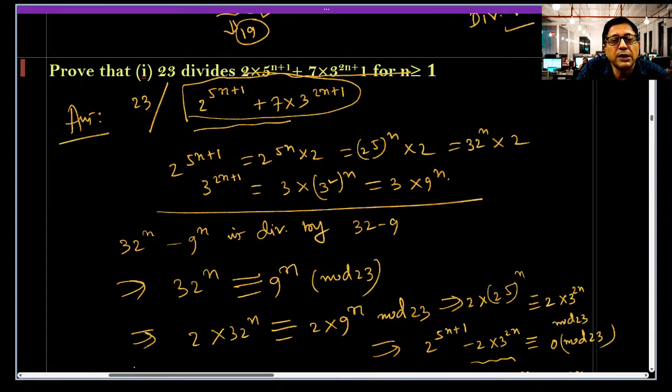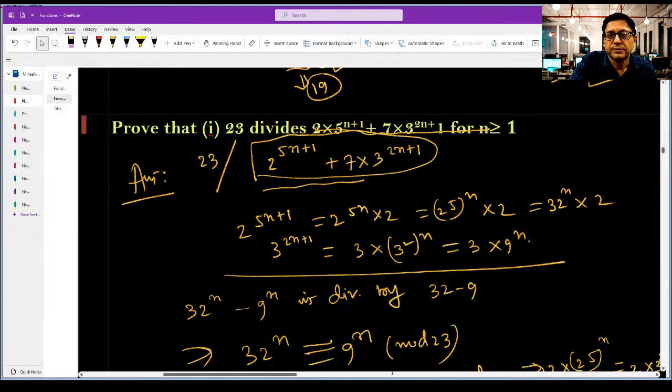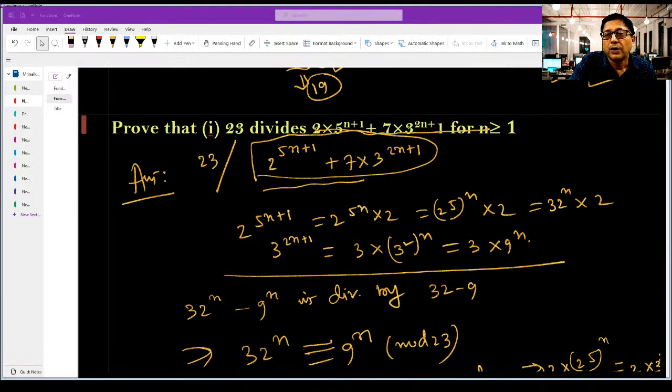And this is a very good problem which we have solved without Fermat's theorem or Euler's theorem or Wilson's theorem. Isn't it? Hope you have enjoyed this session. We have done the application of 3 theorems.